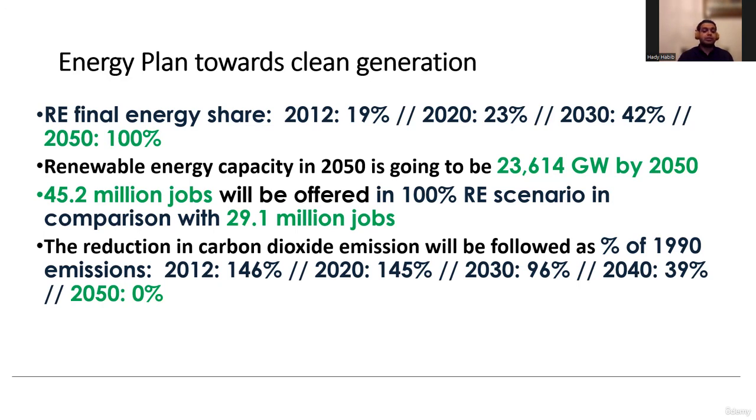In fact, reducing carbon dioxide emissions to 0% is not only the role of the people working in energy, but also the people working in industry and agriculture. But at least from our view, we have to turn to fully 100% renewable energy by 2050 in order to decrease carbon dioxide emissions to 0%.